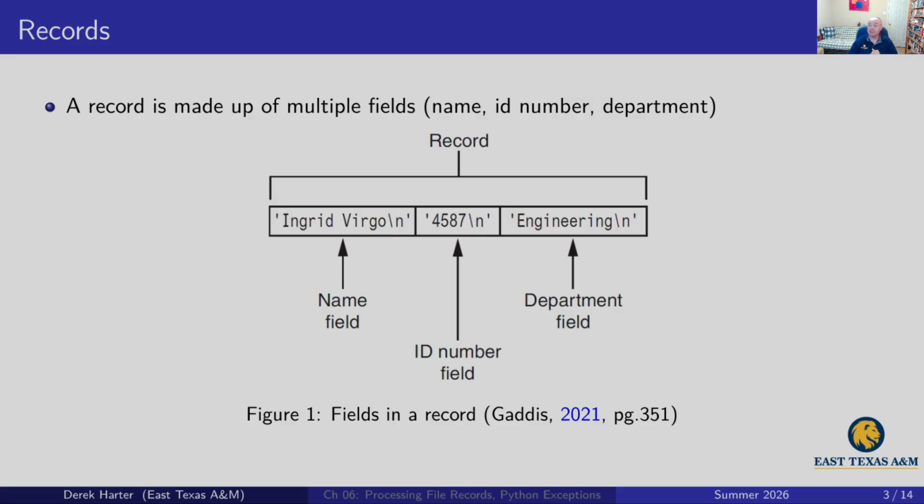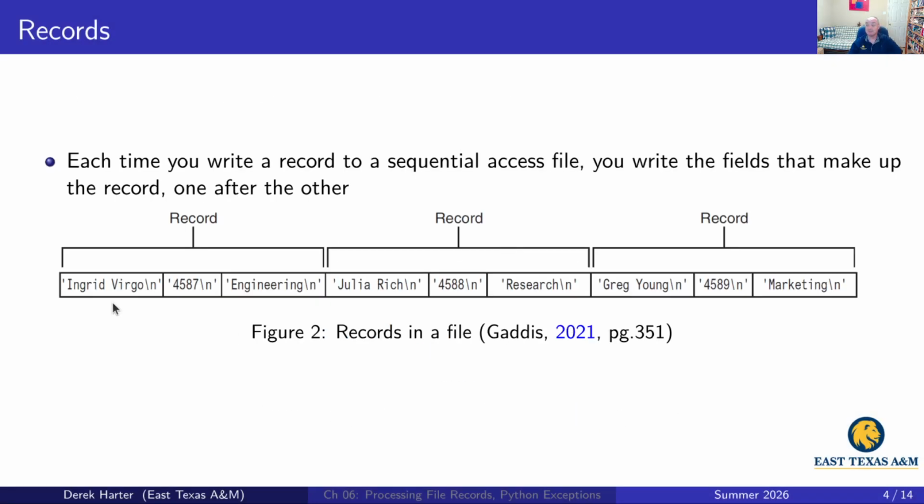The first line is the name, the second line is the ID, and the third line is the department. So if we have three records, we would have 9 lines in the file if we're using a sequential ASCII text file: name, ID, department for the first employee, name, ID, department for the second employee, name, ID, department for the third employee.